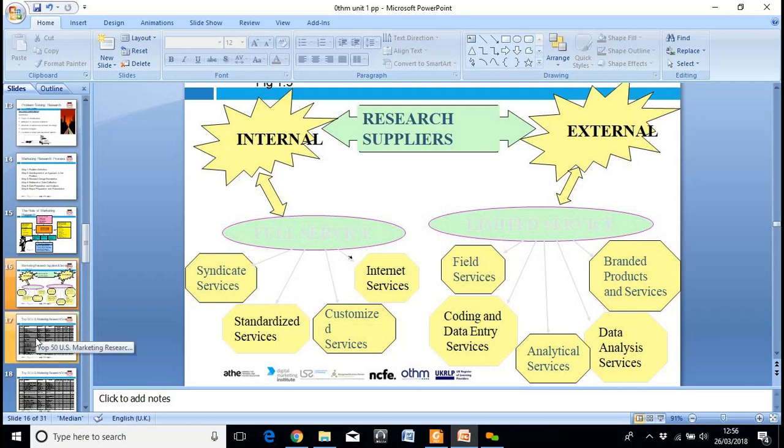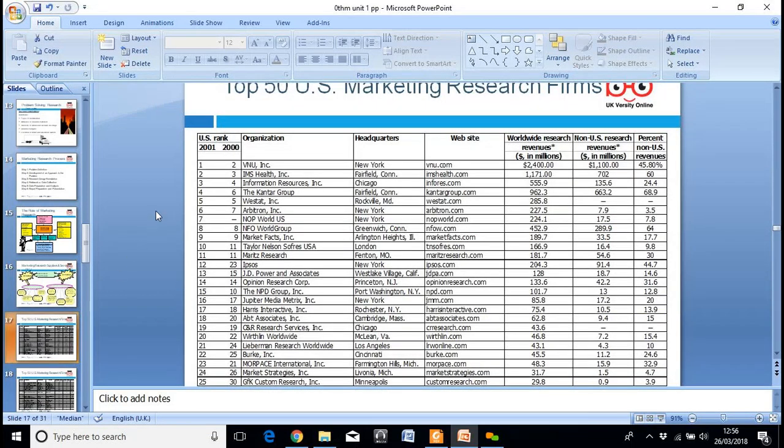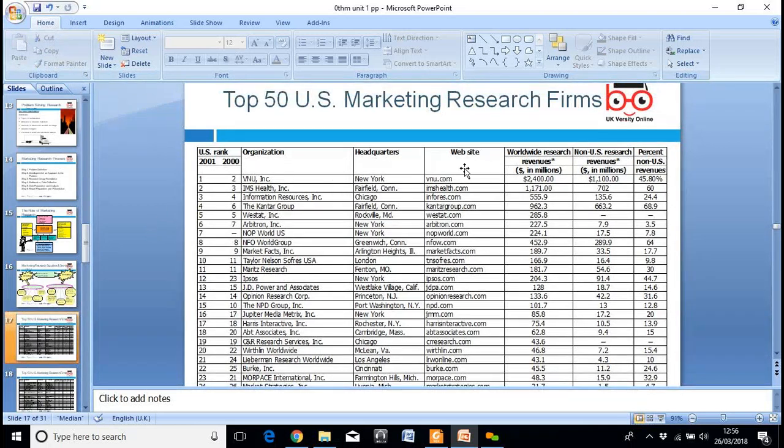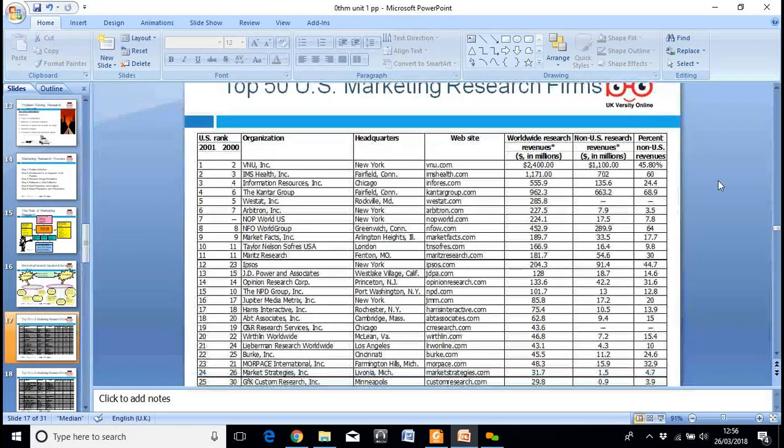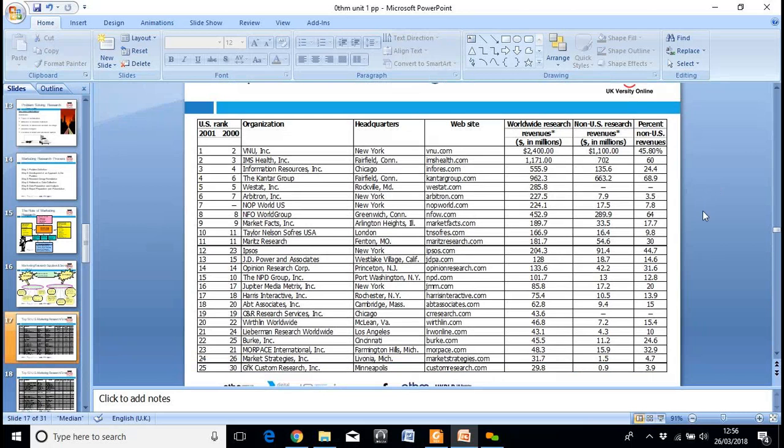To cover that, there are a couple of slides on here that show the top 50 US marketing firms, and to give you some idea of how much they're involved. BNU, headquarters in New York, they've got a website. The world revenue in millions, 2,400 million they make a year in services they provide.